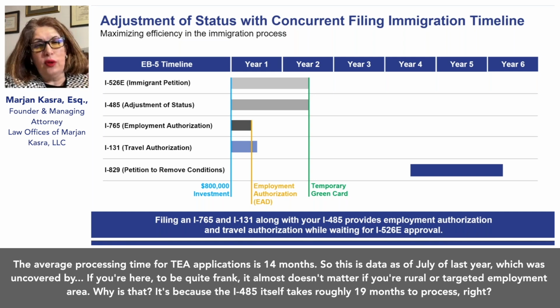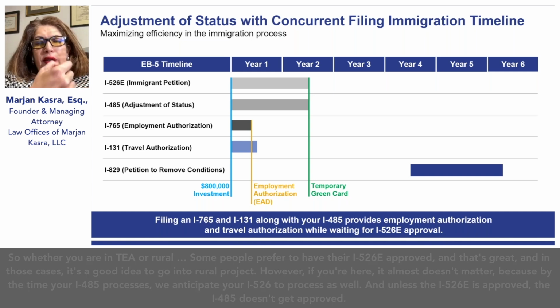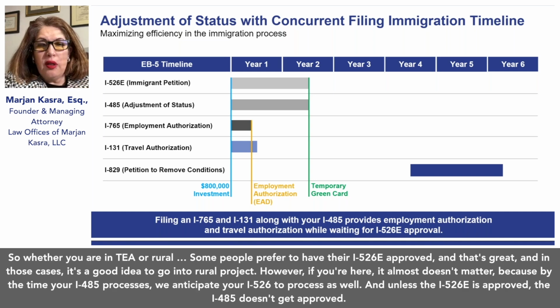If you're here, to be quite frank, it almost doesn't matter if you're rural or targeted employment area. Why is that? It's because the I-485 itself takes roughly 19 months to process. So whether you are in TEA or rural, some people prefer to have their I-526E approved, and that's great. And in those cases, it's a good idea to go into a rural project.